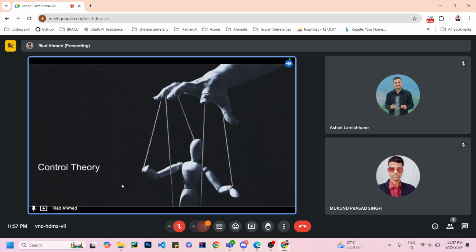So what is control theory? In our first chapter, we knew that in a robotic system we have three individual components: the first is the sense component, the second is control, and the third is actuation. By consisting of these three components we can construct a robotic system, but the main component is the control component, because this is the brain of a robotic system.